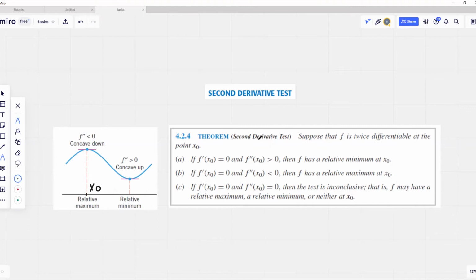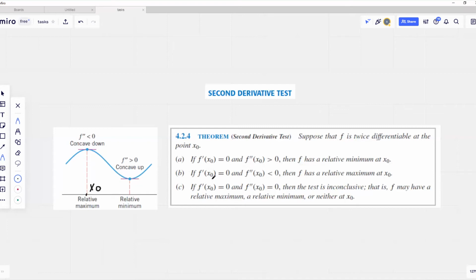So this theorem, which is called the second derivative test, summarizes these findings. Suppose that function f is twice differentiable at the point x0. If f prime at x0 is equal to 0, so we have a stationary point, and the second derivative is positive, or our function is concave up at that point, then f has a relative minimum at x0.